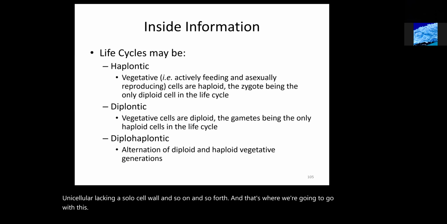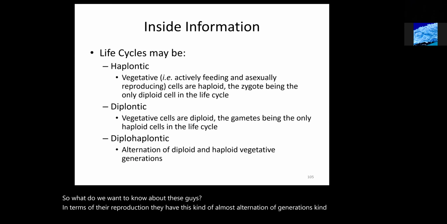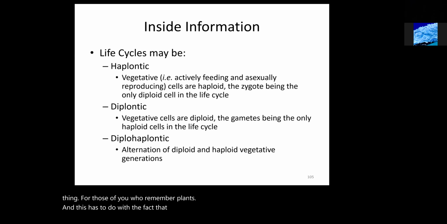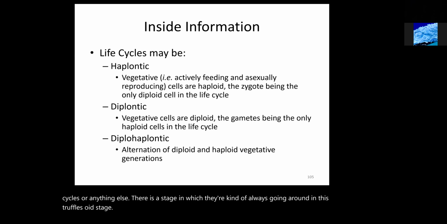So what do we want to know about these guys? Well, in terms of their reproduction, they have this almost alternation of generations kind of thing, for those of you who remember plants. This has to do with the fact that in their life cycles, there's a stage in which they're always going around in this trophozoite stage and then more or less reproducing.